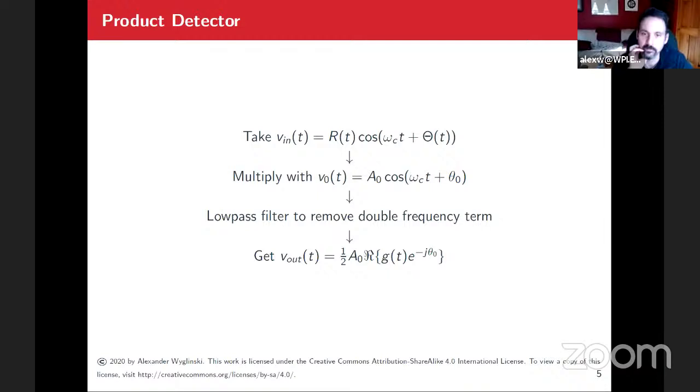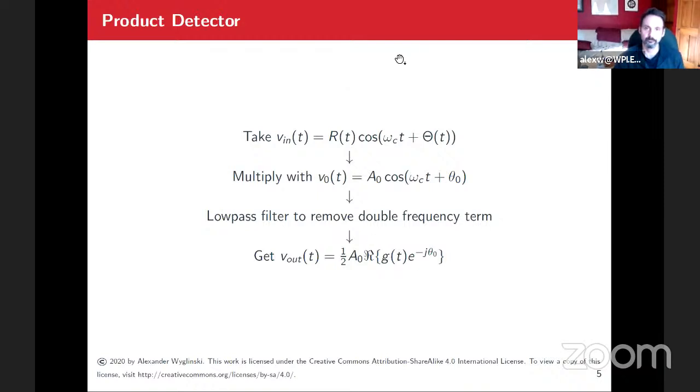So just heads up. If you use a trig identity here, this thing's going to explode. But what's going to happen is you're again going to get the exact same deal with respect to the double frequency term. You low pass filter that, and what you're left with is something like g of t, and then you have that pesky but known theta naught. Theta naught is a constant, right? We can let theta naught equal 0, doesn't matter, right? But as long as we know what that constant phase shift is, doesn't matter. We can always figure out what g of t is.